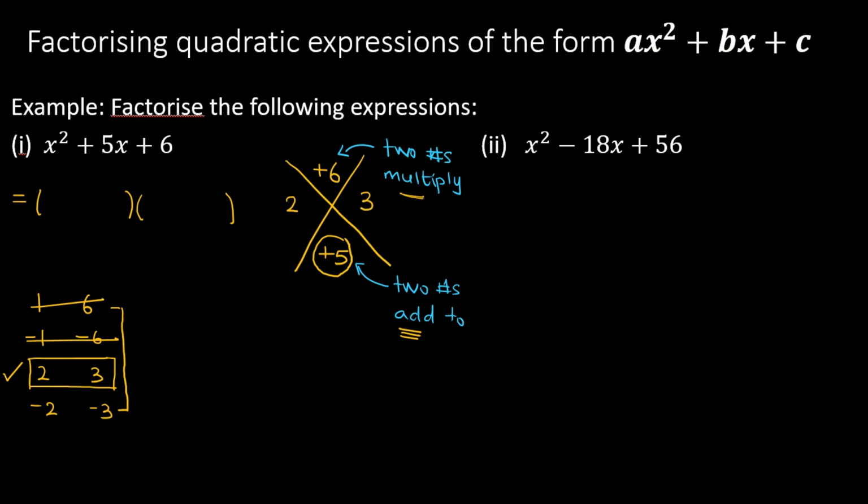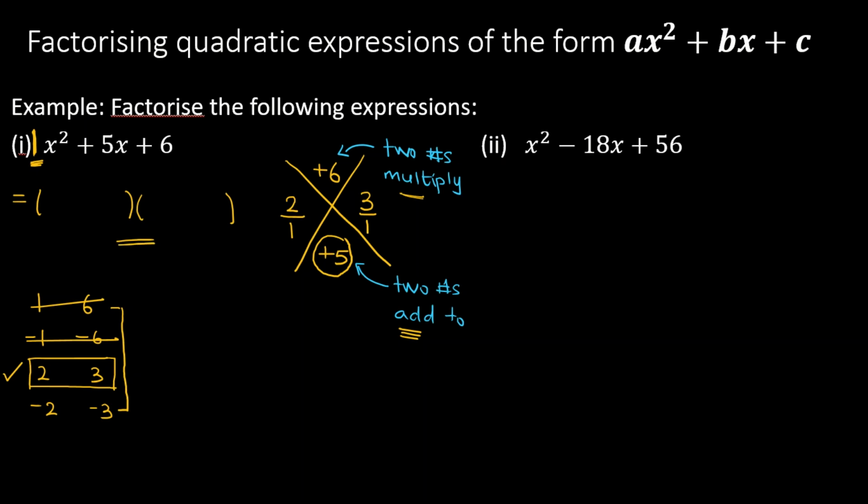Right? Now what you have to do, you again consider the coefficient of x squared, which is 1. What you do with this one, you divide both numbers by 1. 2 over 1, 3 over 1. Right?